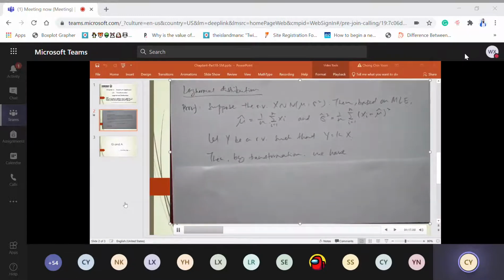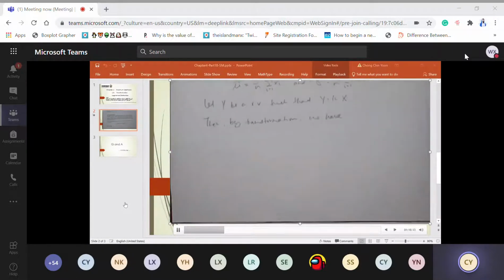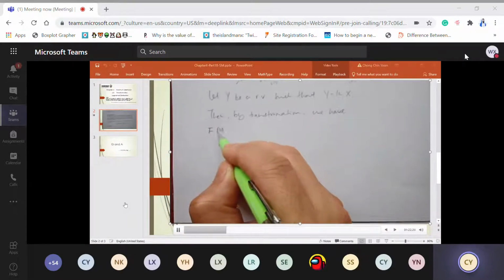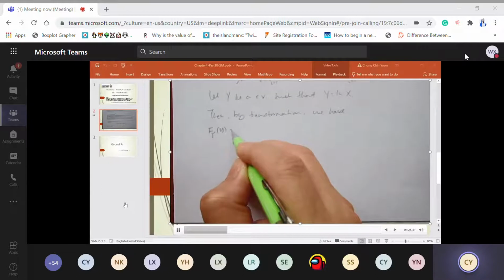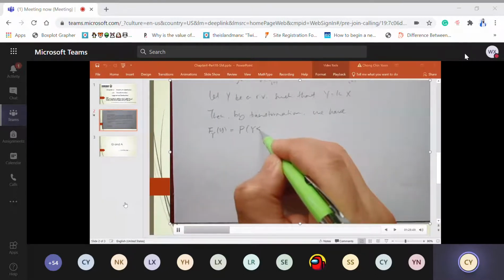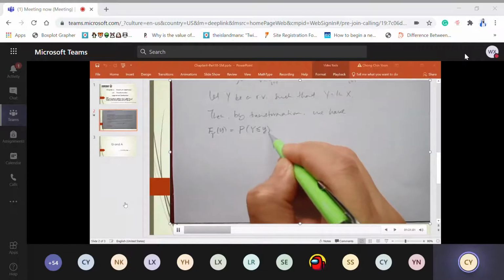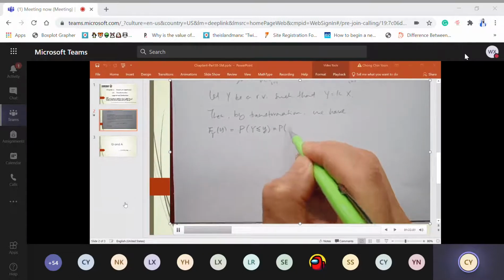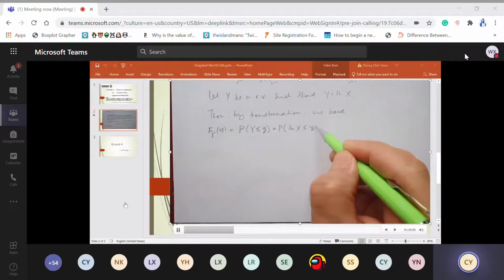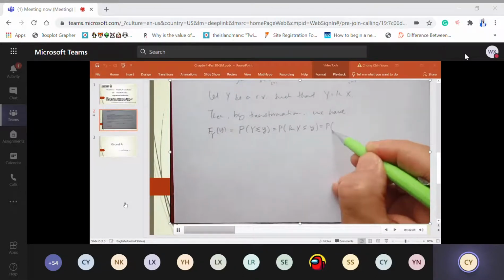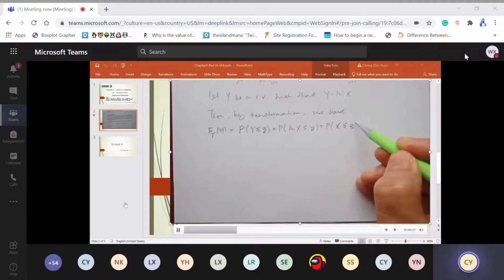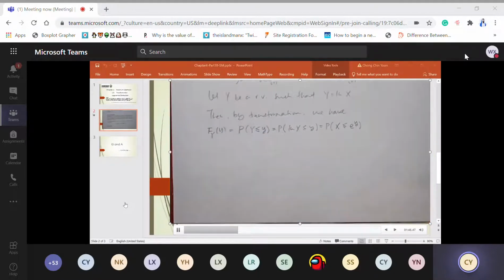Then by transformation we have the following: the CDF at y based on random variable Y is equal to the probability of random variable Y less than or equal to y. Now we substitute y as log x, and this will be equal to X less than or equal to e to the power of y.